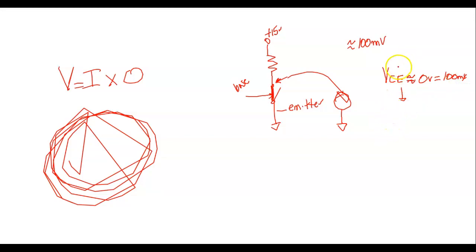So let's see it, and this is saturated. What about VCC on cutoff? Voltage collector to emitter on cutoff. What should it approximately measure?